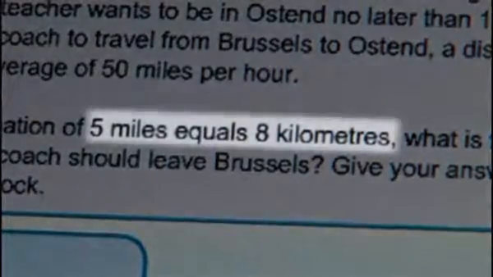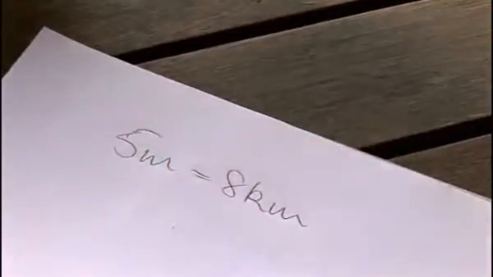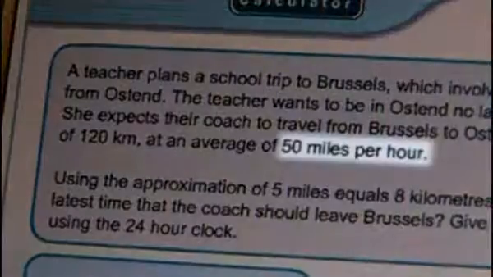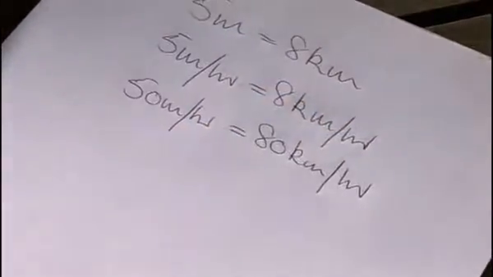If we have 5 miles equals 8 kilometres, 5 miles per hour would be equal to 8 kilometres per hour. Or, in our case, the 50 miles per hour is equal to 80 kilometres per hour. So, we now know the speed in kilometres per hour.